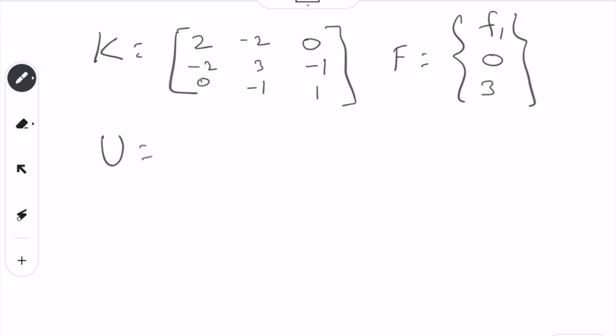In the U vector, the first one is fixed, the second and third you do not know, we have to find out.